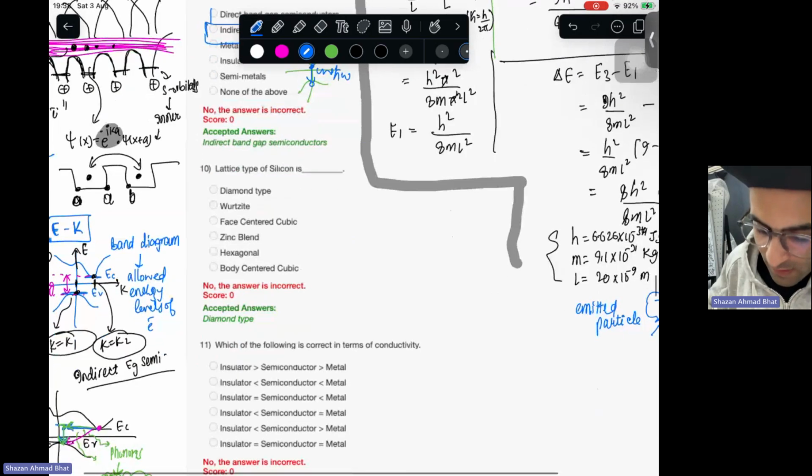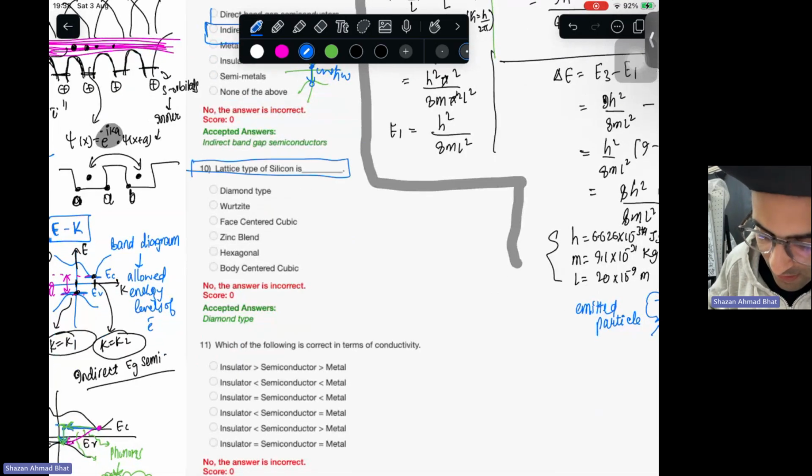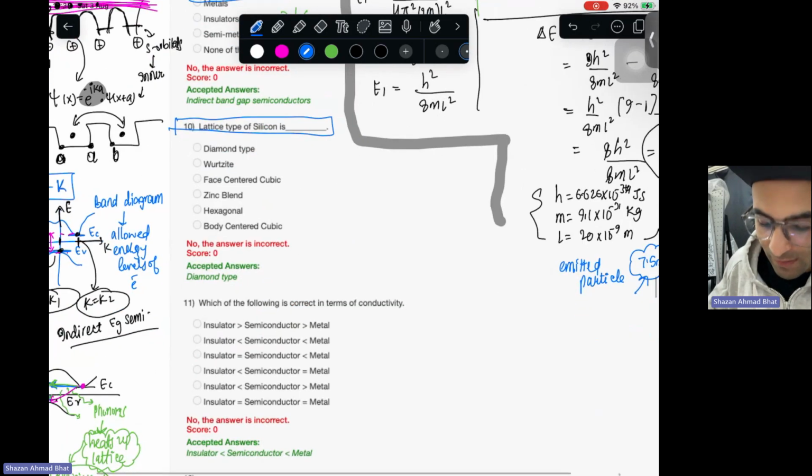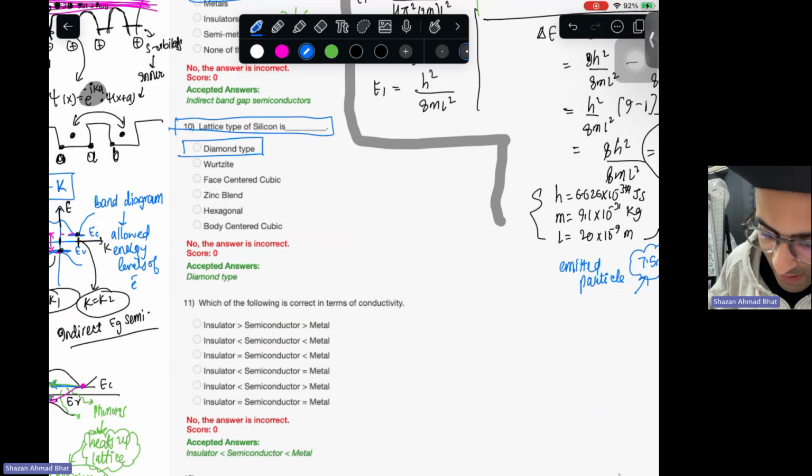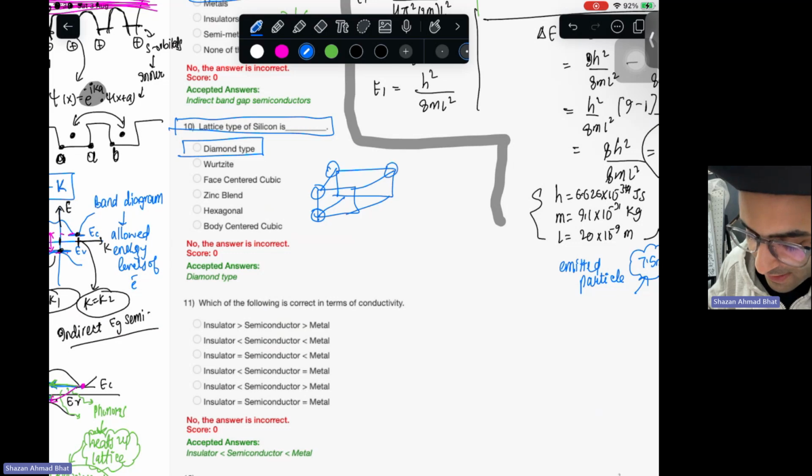Now, the lattice type of silicon is a very theoretical question, and you can understand pretty well that the lattice type of silicon is diamond type. There are different types of lattice. Lattice is how the atoms are arranged inside this particular material. If you consider the body center, there is an atom present in the body center, and there are atoms present on the corners.